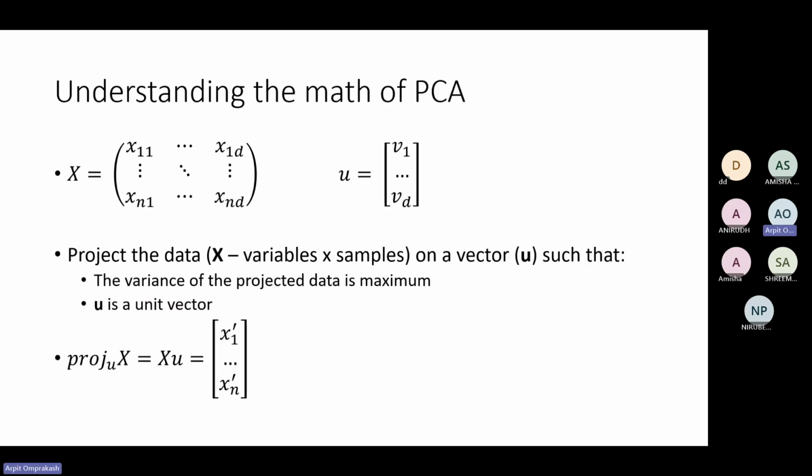So let's say we have data like this, which is an n cross d dimensional matrix, where n is the number of samples and d is the number of variables or features. In PCA, we are trying to project this data onto one vector such that the variance of the projected data is the maximum.